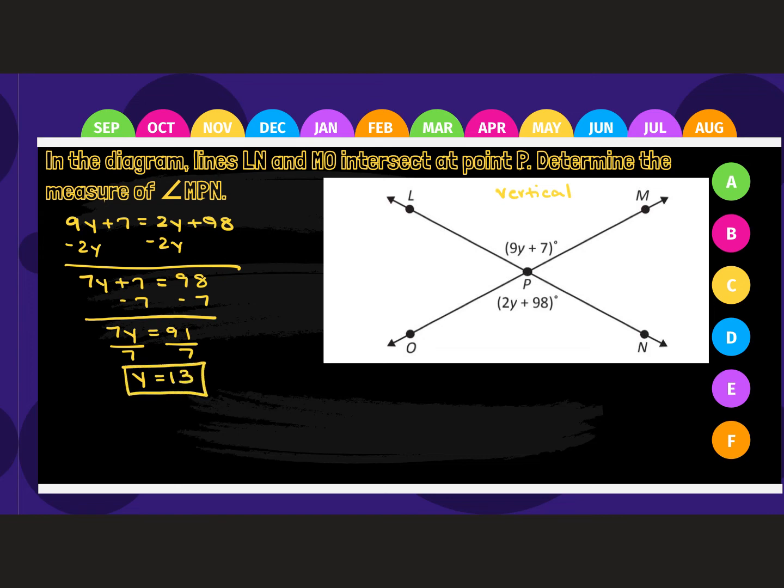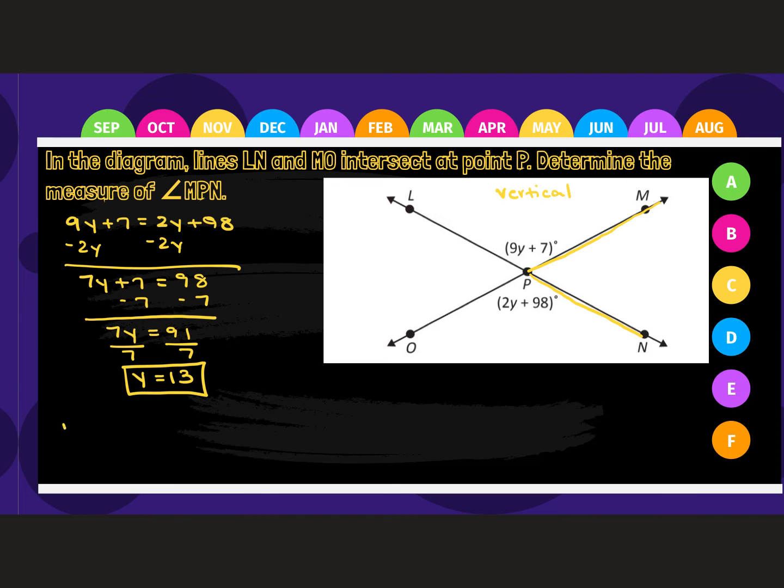All right, so now they want us to find the measure of MPN. So they want us to find this angle measure here. Here they kind of tried to trick us, but we've got this. In order to determine the measure of MPN, we first have to determine what our vertical angles are equal to. So we can take 13 and plug it in for y.